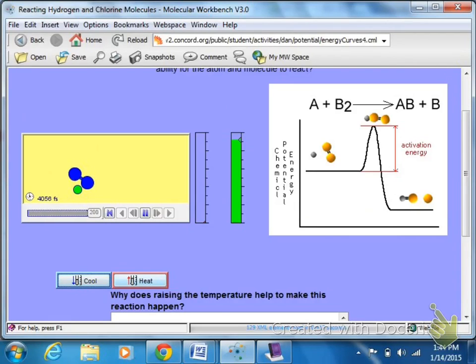Heat that sucker up. Okay, so we heat it up. Get going faster. There we go. Go faster. Hit hard.